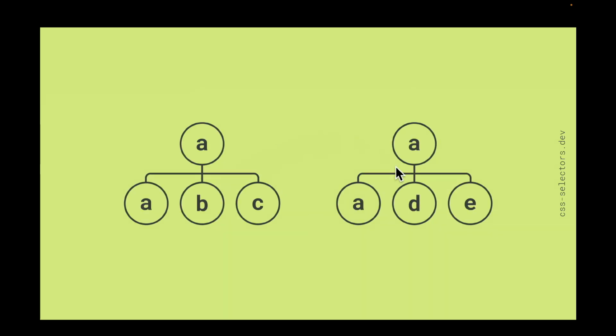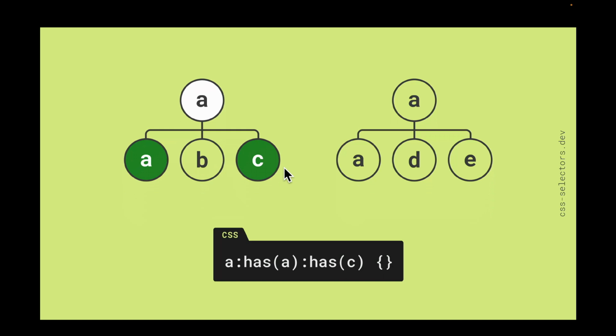Now, let's discuss the AND operator. Again, we have the same 2 HTML tree structures here. This time, our goal is to check if the parent element contains both A and C elements, and if so, we will select the parent A element. To write the AND operator, we can chain the has pseudo-class like this.